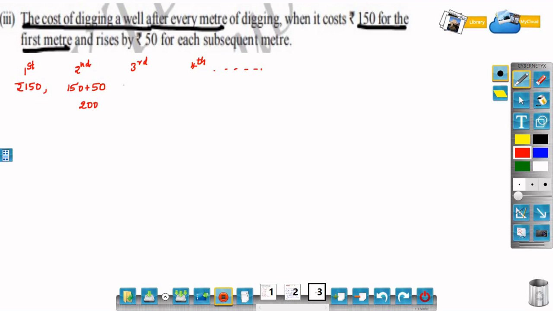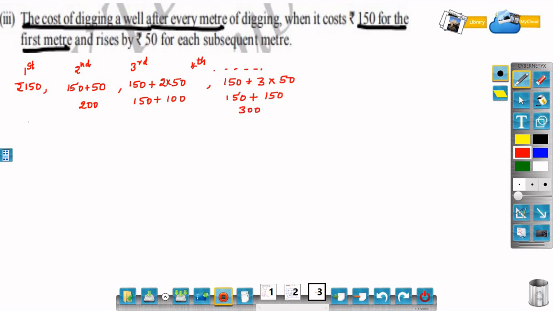For the third meter, 150 for the first meter, then we have to raise for additional 2 meters, 2 into 50, that is 150 plus 100. For the fourth meter, 150 plus we had 3 additional meters, so 3 into 50, that is 150 plus 150, that is 300.